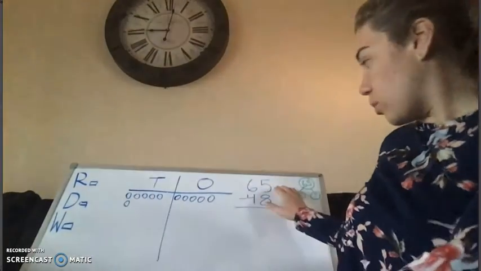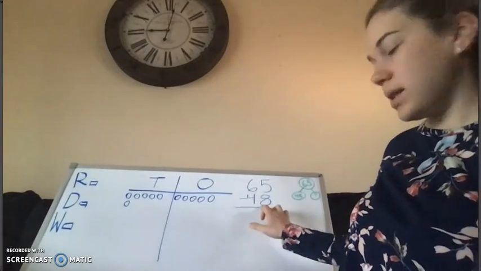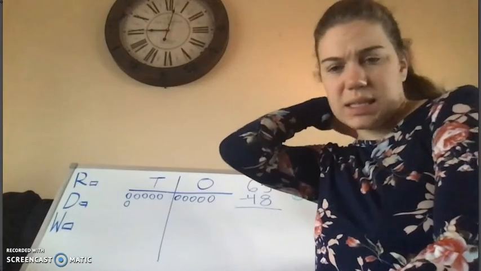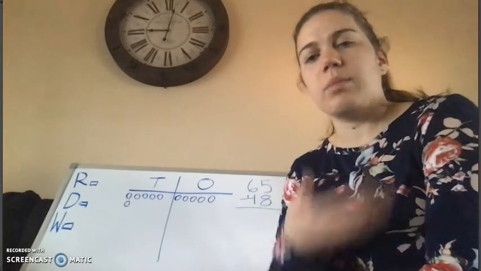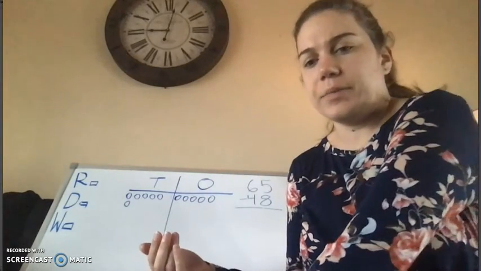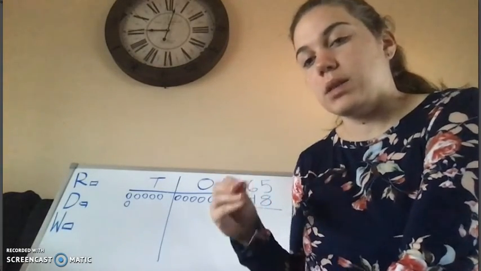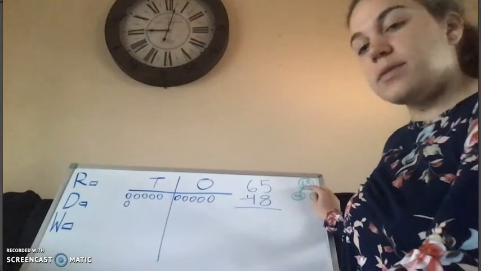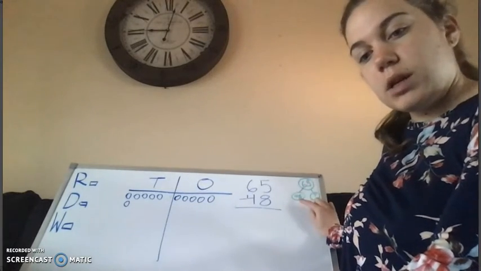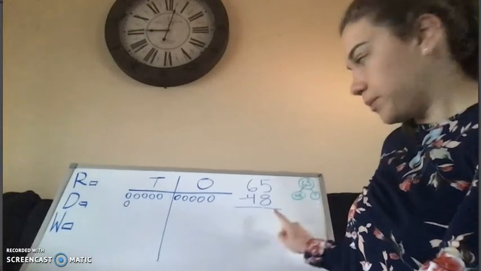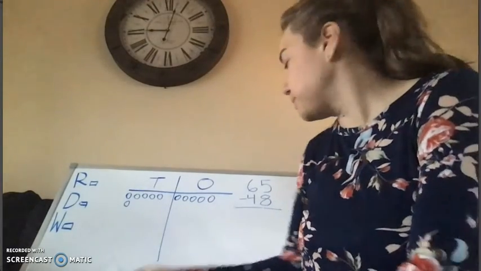I have my number sentence that says 65 minus 48. And I also made a number bond because they said she had 48, and how many more did she need to get to 65? So we know that we need to find the difference, how much is in between those two. So we knew that 65 was what she wanted to get to. She had 48. What's that other piece that we need to find out? So that's what we're going to do now.